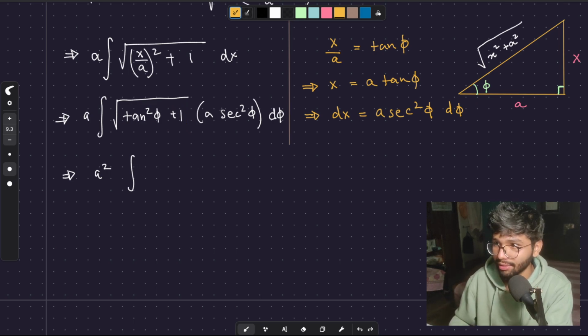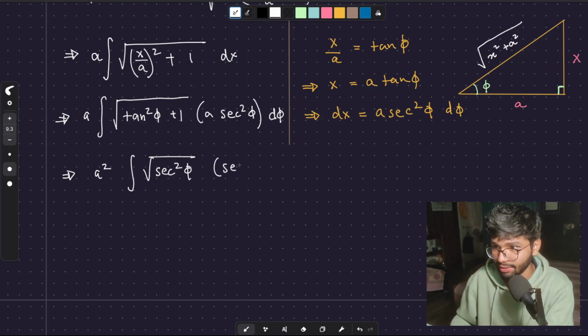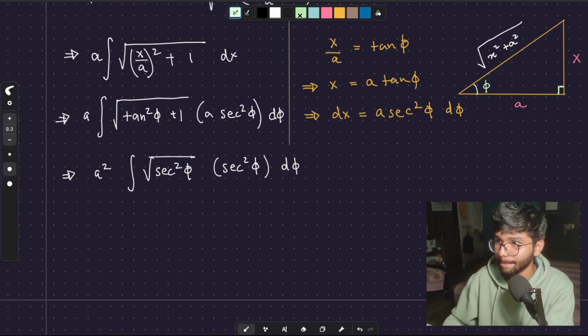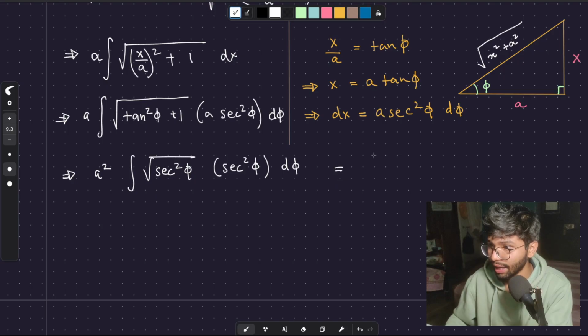So we're going to replace this with secant squared, and we've got secant squared over here, d phi. So we can remove the square root. That equals a squared secant cubed of phi d phi.